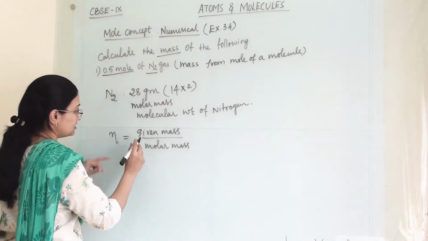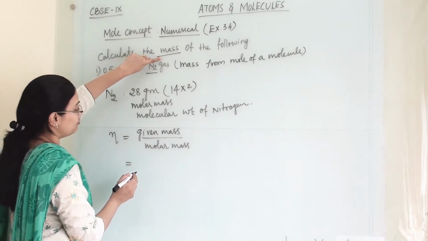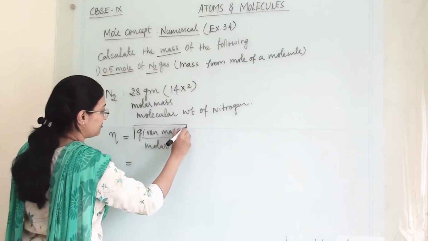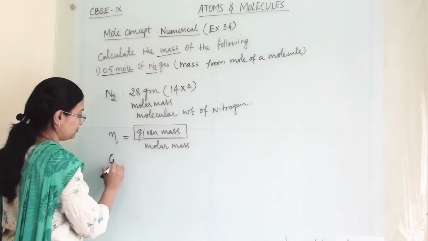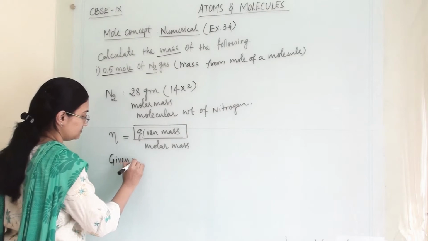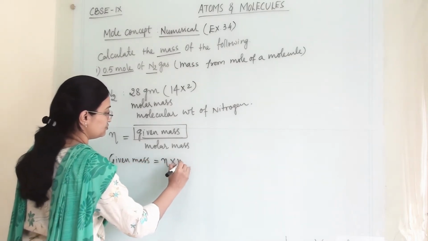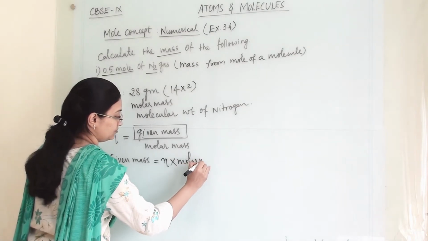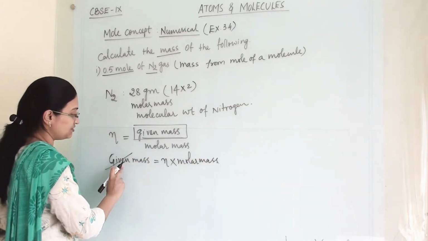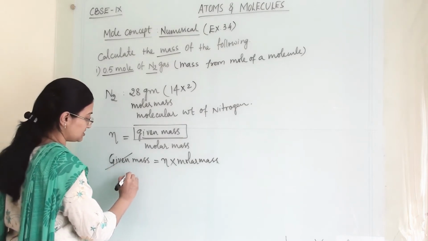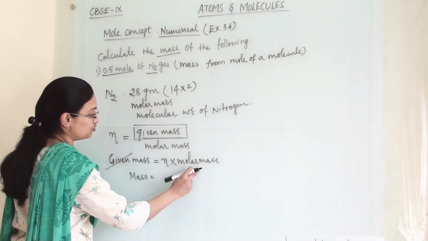So here given mass is what we have to find out, so we have to frame a formula with respect to this. So it will be given mass equals n into molar mass. Now here we will strike out this given because we have to find out the mass. So mass equals n into molar mass.